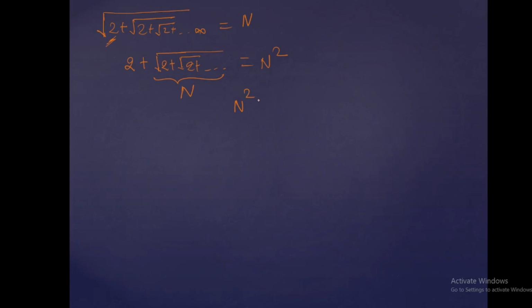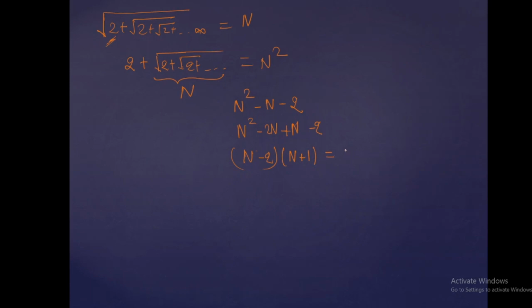So we will have n square minus n minus 2. So can we simplify n square minus 2n plus n minus 2? So we will get, yeah, we will be left with this term.